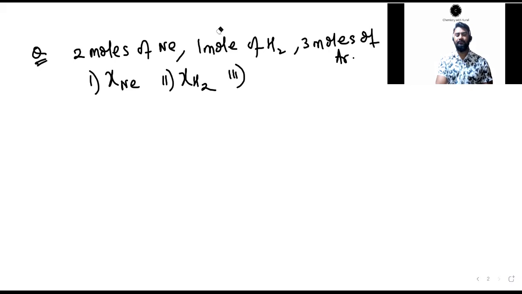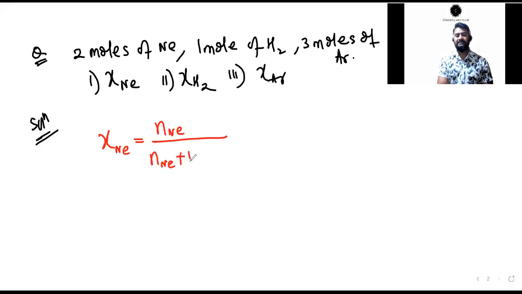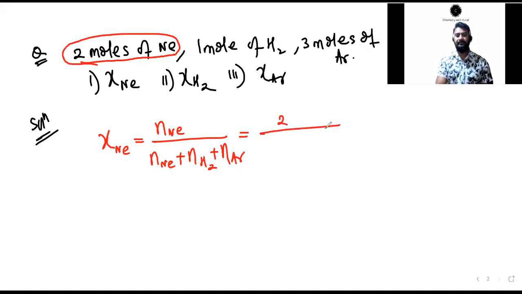How to go for this question? So let us solve it now. First thing first, let's find the formula. The formula for the mole fraction of neon will be number of moles of neon divided by number of moles of neon plus number of moles of hydrogen plus number of moles of argon. Right? So what is the number of moles of neon? Neon is 2 moles, given in the question, divided by 2 plus 1 plus 3.